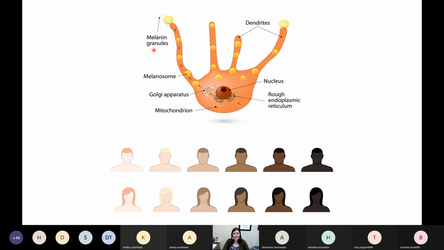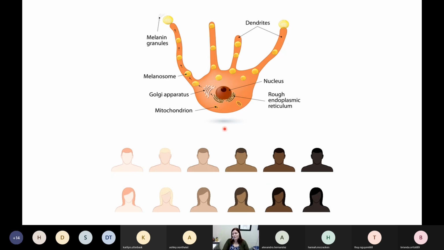They make a lot of melanin. Some of our melanocytes, like mine, are a little bit lazy, and they don't hardly make any melanin for us. We all have the same number of melanocytes. Some of our melanocytes are more active than others, which means that we'll have more melanin in our skin.